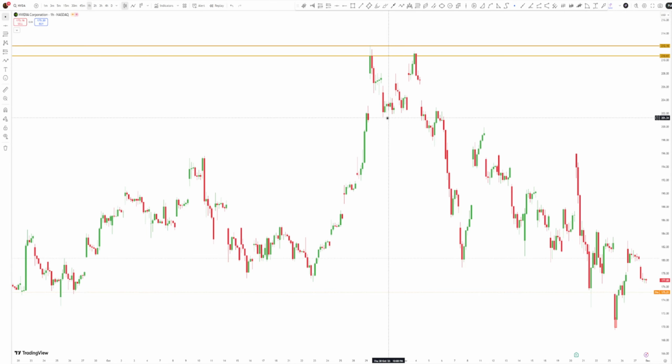When you need to draw a support or resistance, you need to make sure that price got rejected with momentum. Here you can see this as a support and it got rejected. So we can draw this as support, but here we can't draw this zone as support because it only gave a few points rather than a huge move. And that's how we actually draw support and resistance and judge whether they are strong or weak.